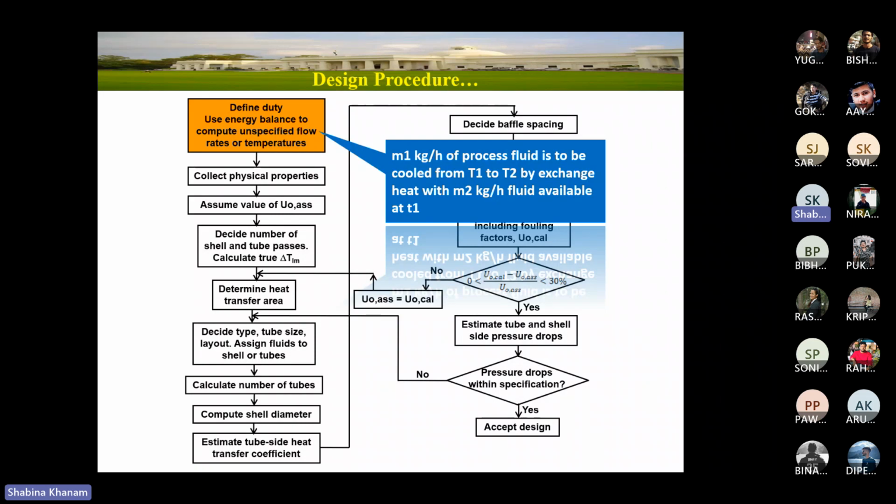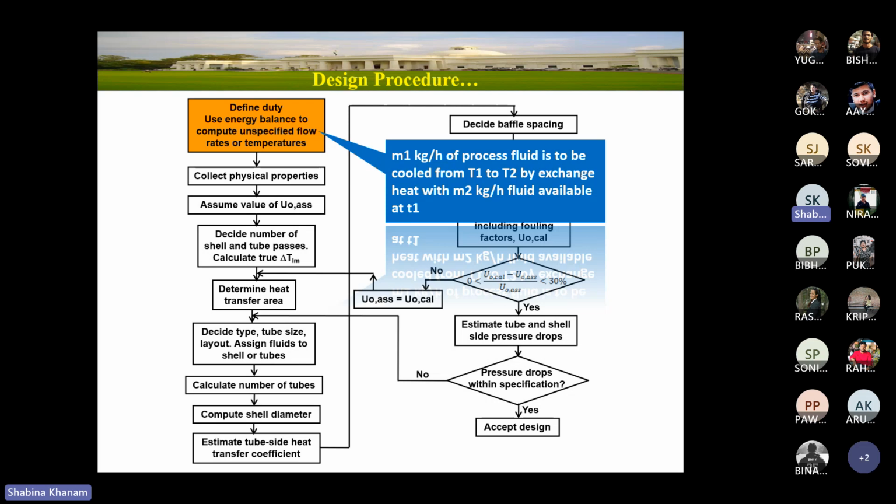we are given only five parameters, the specified parameters are five only. Like M1 in kg per hour, the process fluid to be cooled from T1 to T2. So for the process fluid we need three parameters: M1, that is the flow rate, and the supply or target temperature, the initial or final temperature of one fluid.